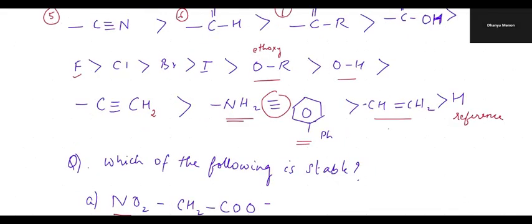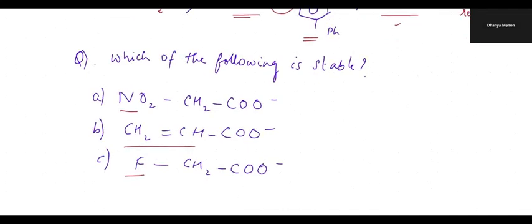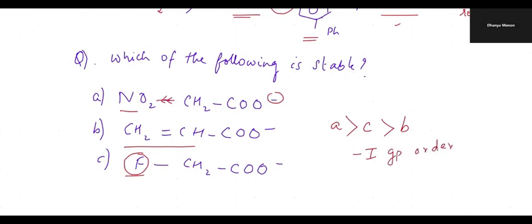So NO2 will pull the electron more strongly and this electron cloud gets distributed, so A is more stable. Then the group that has fluorine will pull the electron pair, so next is C, followed by B. This is based on the minus I effect group order. I hope I'm clear.